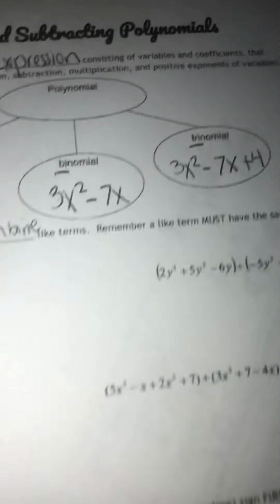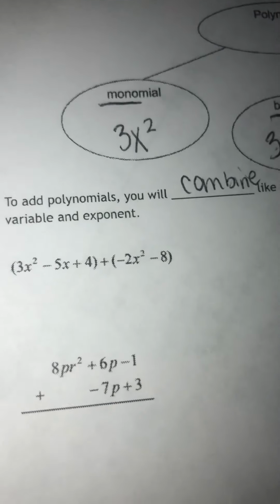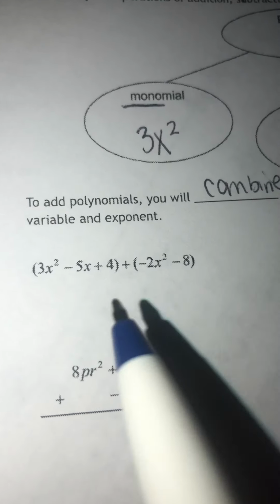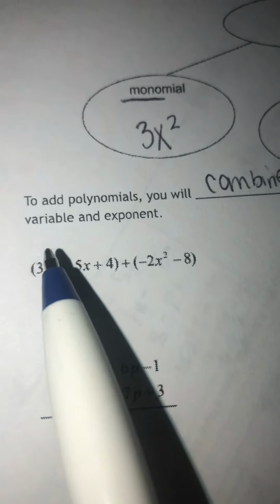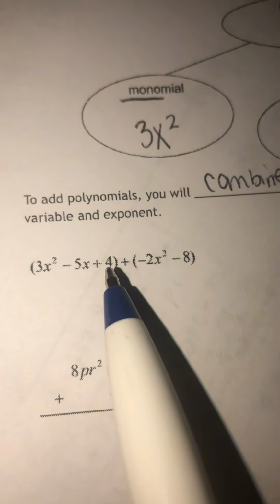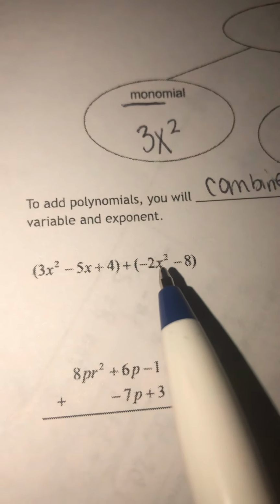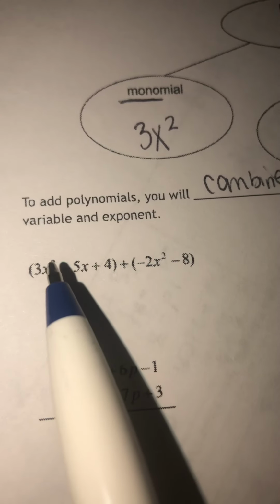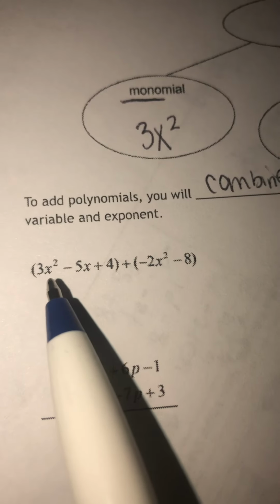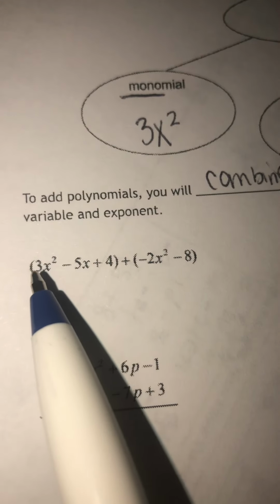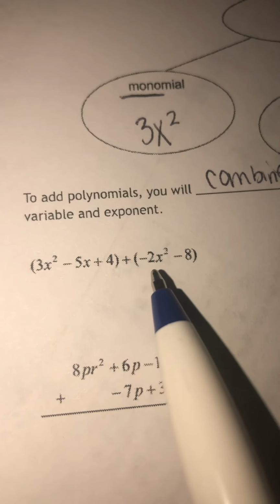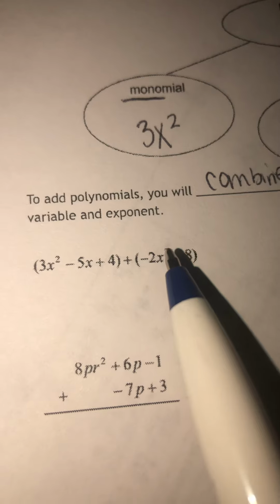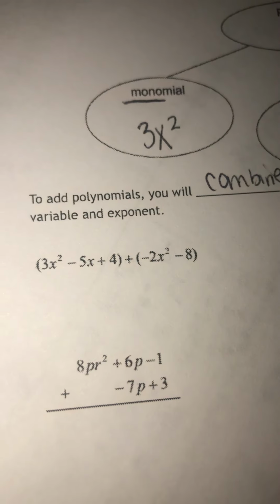Now, if I'm adding two polynomials together, I'm simply combining their like terms. So if I want to add 3x squared minus 5x plus 4 to negative 2x squared minus 8, right here is the first term in the first polynomial, 3x squared. Over here in the second polynomial, I have a like term that goes with it, which is the negative 2x squared.